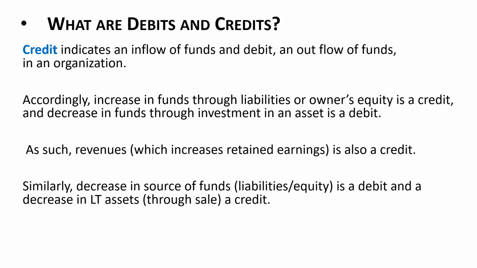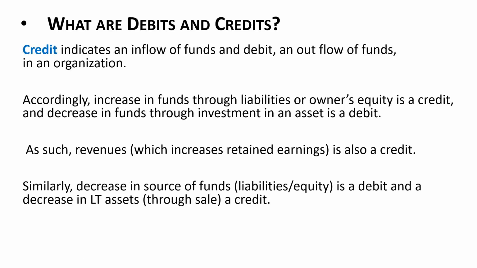So when you get rid of an asset and money is coming in, that's a credit, right? Whereas if you decrease your liabilities, that means you're paying off your debt, right? Then funds are going. It's a debit, right?